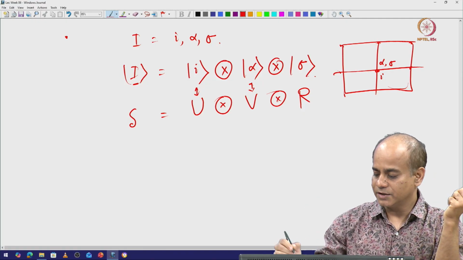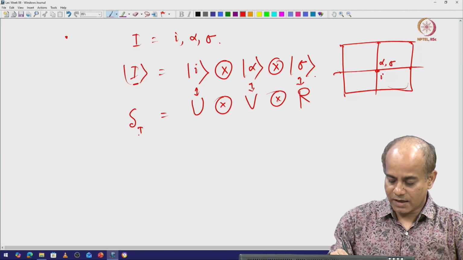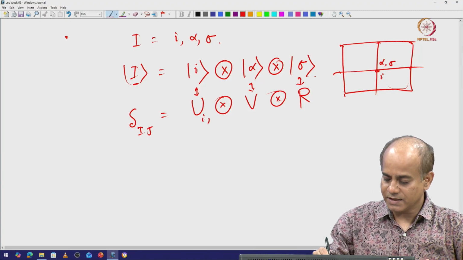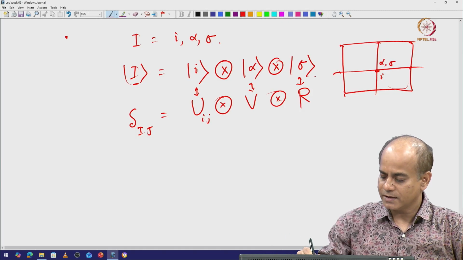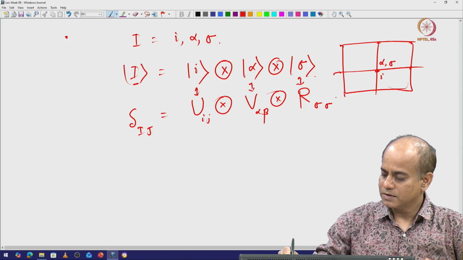Then you can also write it this way. And I to j would correspond to going from site I to site j, alpha to beta, and sigma to sigma prime.